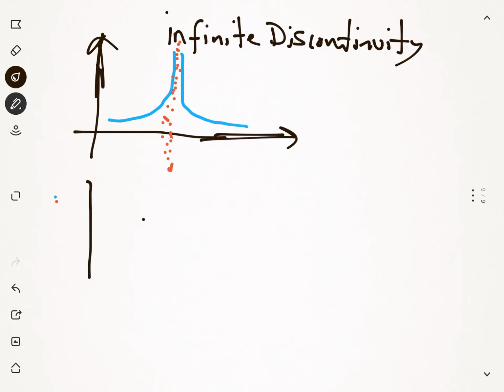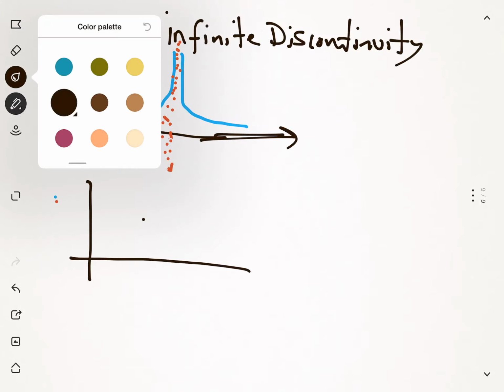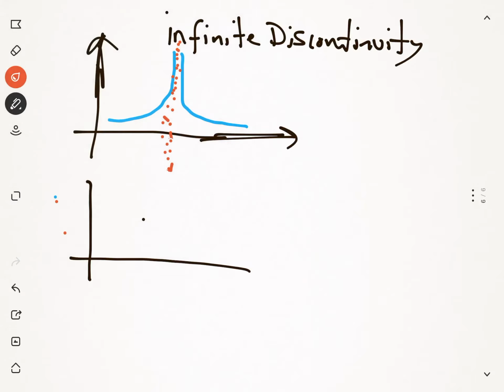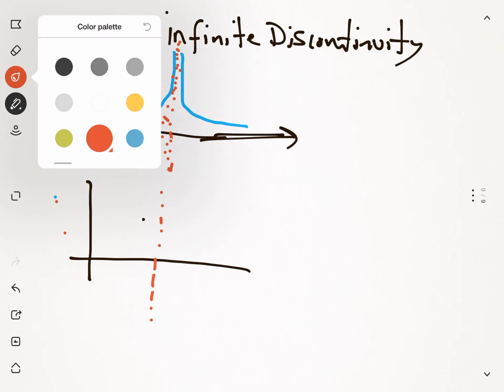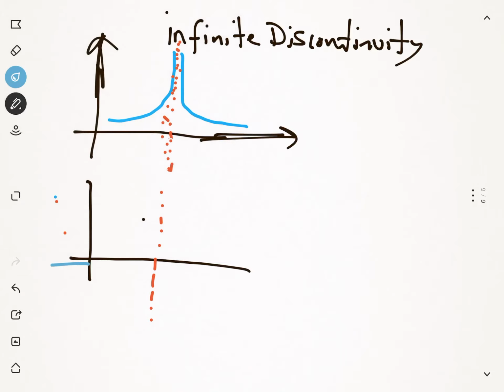You also have an example like this, where we'll have an asymptote, but the function goes down like this, and the other part goes like that. Okay? So those are infinite discontinuities.